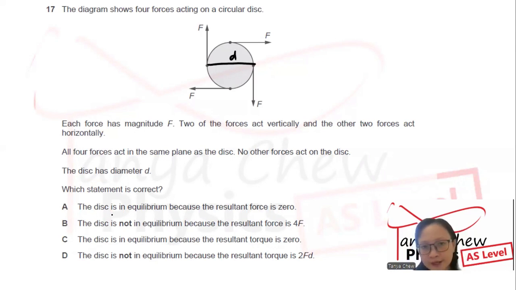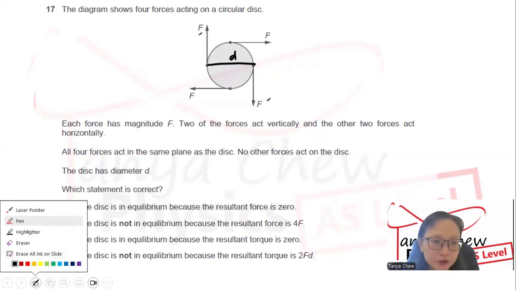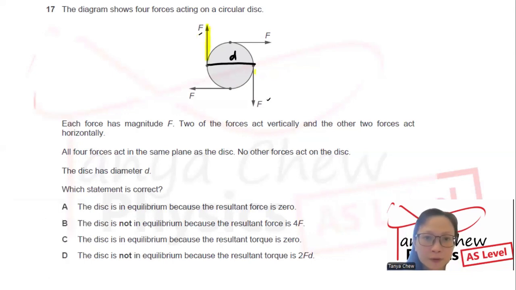When I see this, I have to detect couples. Do you know what is a couple? A couple means that there are two forces acting in opposite directions. They have the same magnitude and they are separated by a distance. I can see that this F, vertical upwards and vertical downwards, these two form a couple.